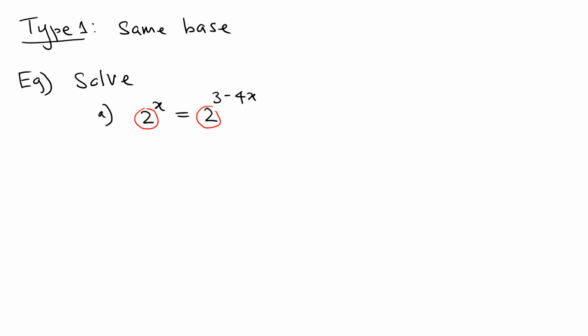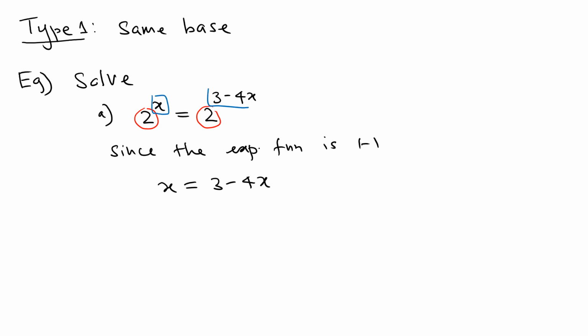Since the exponential function is one-to-one, we can equate the exponents. So we can write x = 3 - 4x. But if the function is not one-to-one, you cannot do this. So we pick the exponents and set them equal.